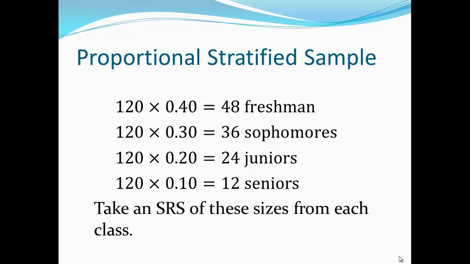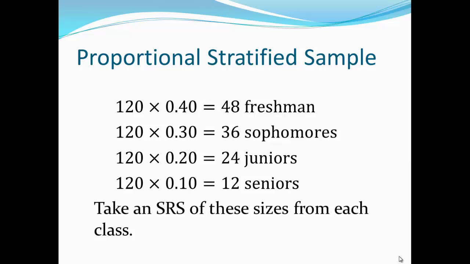We then take our desired overall sample size of 120 and multiply it by these proportions. 40% of 120 is 48 for freshmen. 30% of the 120, or 36, should be sophomores, and likewise 24 and 12 are the numbers for juniors and seniors.